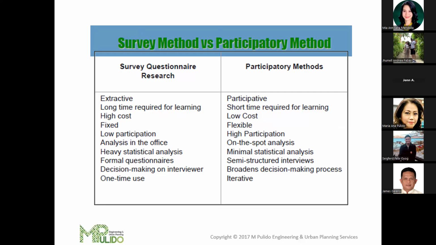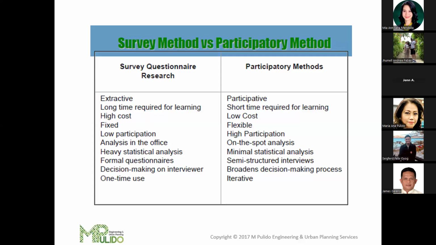So the process is highly structured because analysis happens off-site, often back in the office, and requires heavy statistical work. The tools used are formal questionnaires, and we know that they are rigid, and the interviewer controls the process and interpretation. So it is often a one-time engagement with the community, and it lacks a feedback mechanism.